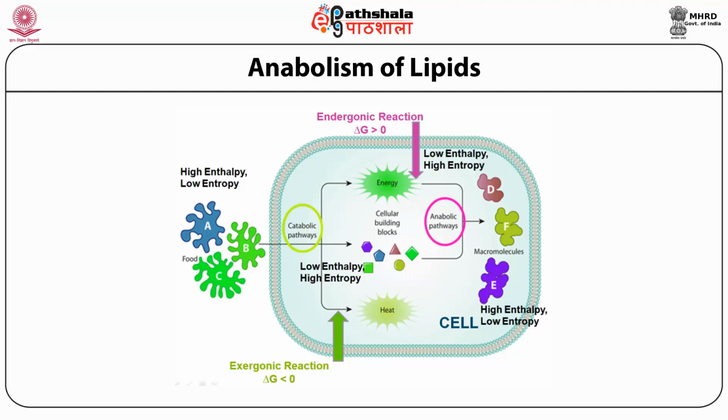The delta G represents the free energy. In a cell, the anabolic pathway and catabolic pathway go on simultaneously. In conditions of low enthalpy and high entropy, catabolism takes place, and high enthalpy, low entropy also promotes the catabolic pathway.